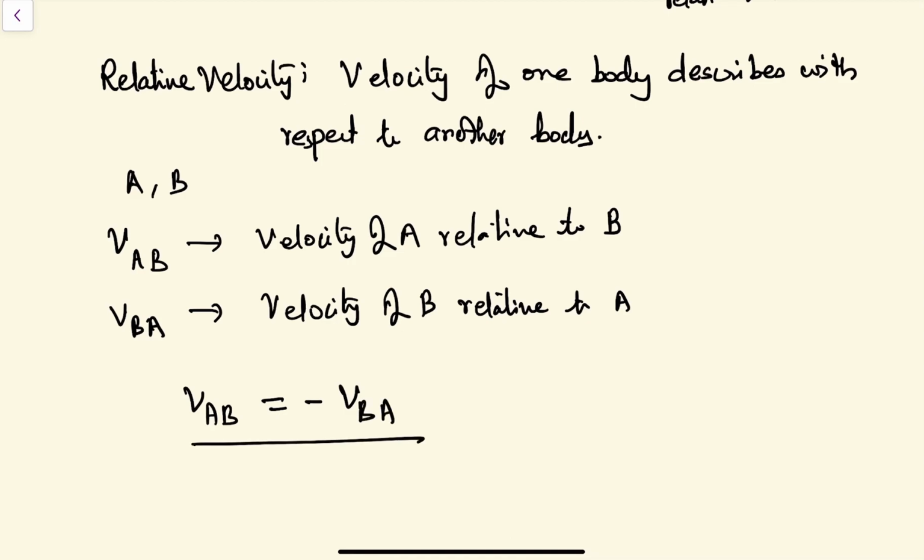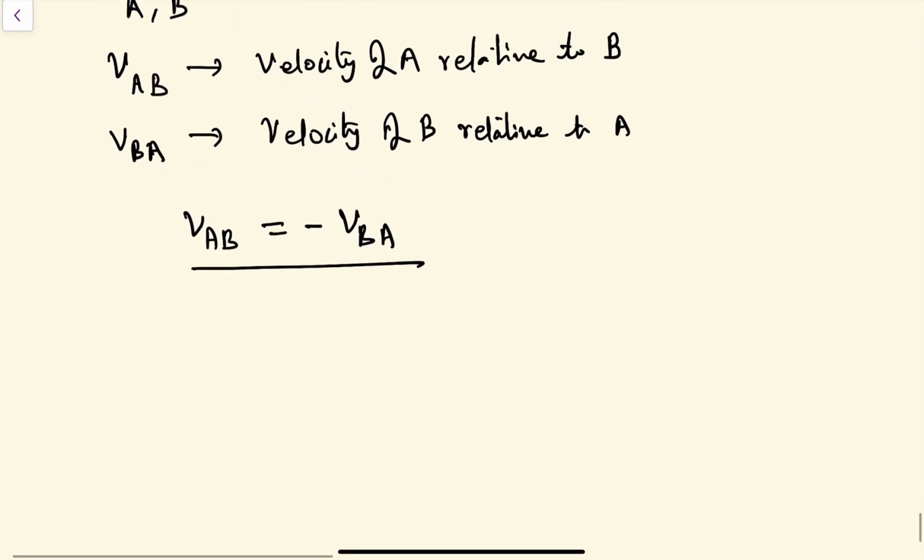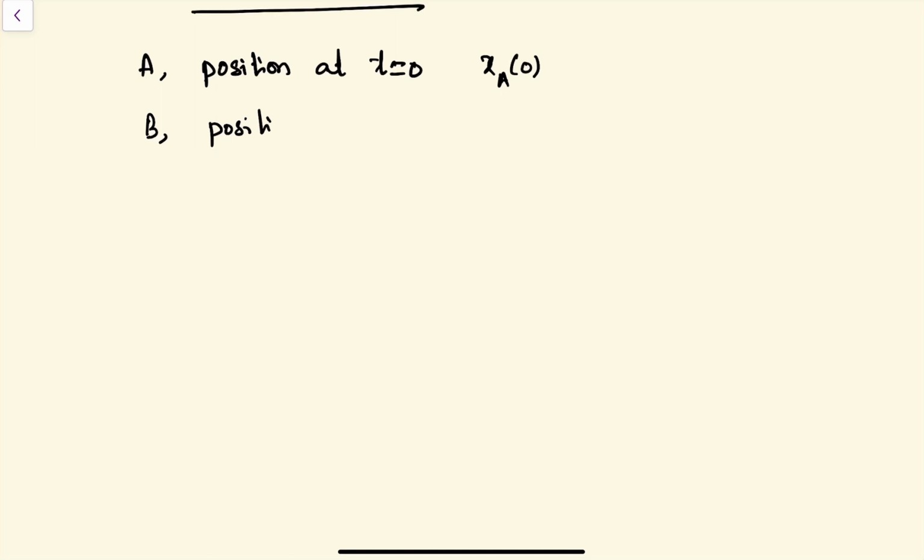Sign convention is very much important. How to write this? Suppose the position of body A at time t equal to 0 is XA naught, and the position of B at time t equal to 0 is XB naught.